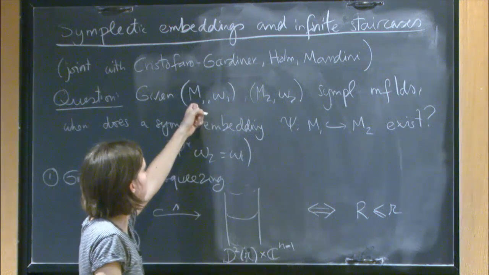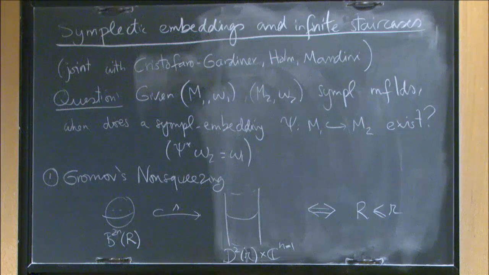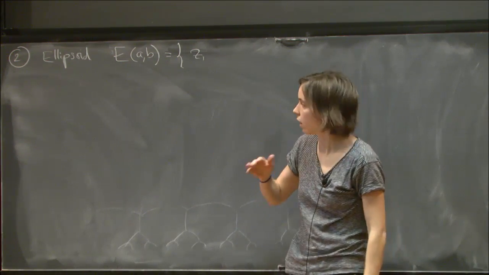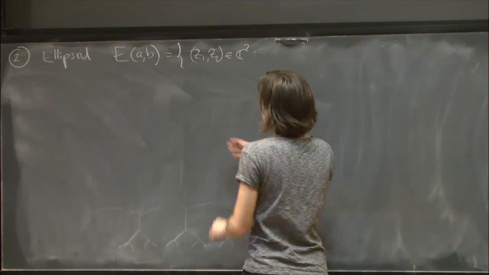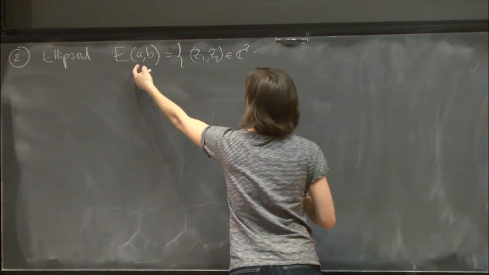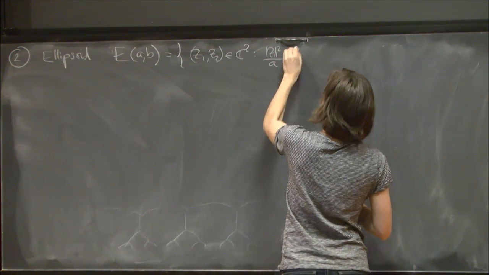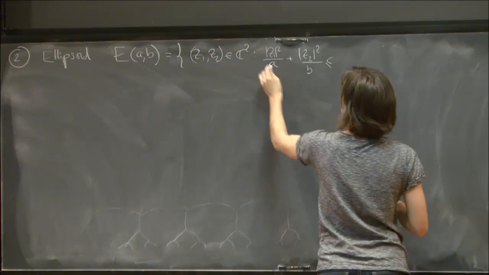Then another partial answer is when M1 and M2 are both ellipsoids. An ellipsoid is, and now I'm in 4 dimensions, so I guess n equals 2, (z1, z2) in C^2, though of course you can define bigger ellipsoids just with more parameters. |z1|^2 over A plus |z2|^2 over B smaller than or equal to 1, oh, I'm missing some pi's.